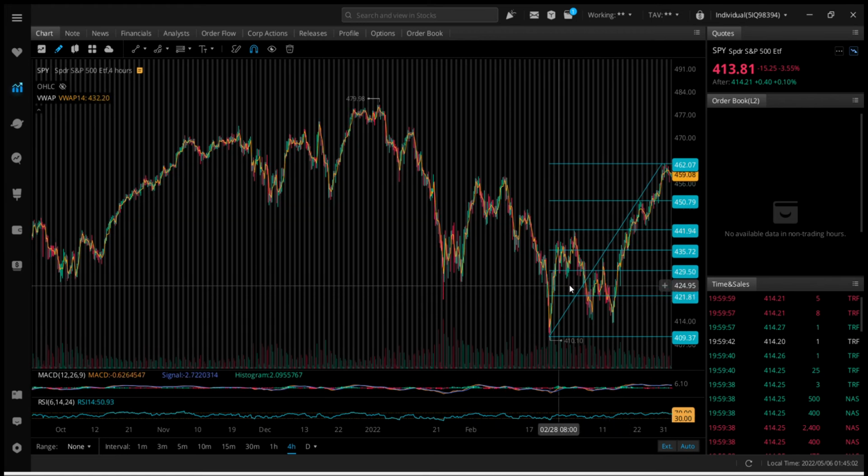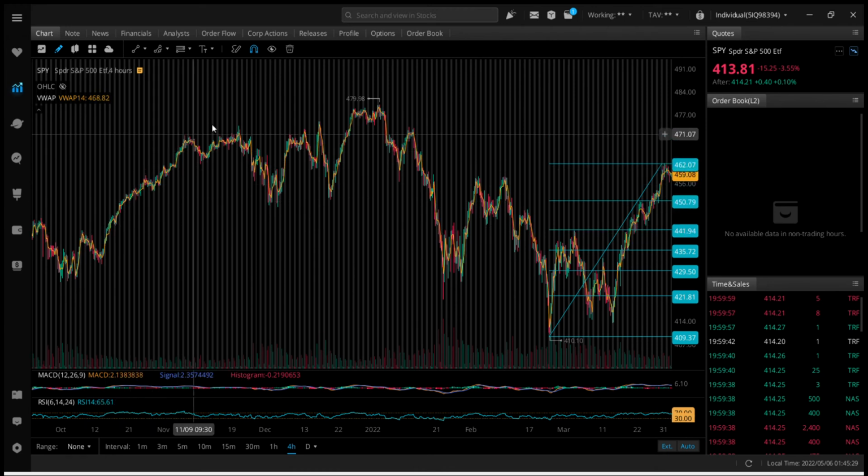So see this level right here, the 429.50, in the past has acted as support all the way back here. This was the 441 level, a demand or supply zone. So you see it bounced back, it rejected off of it, and then ultimately turned into a supply zone here.